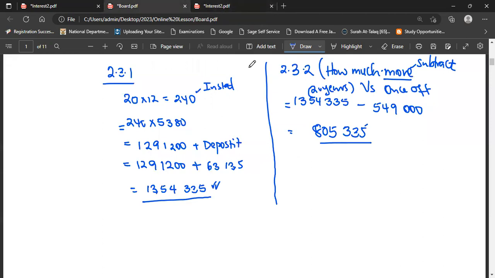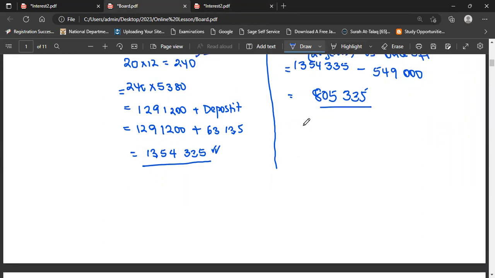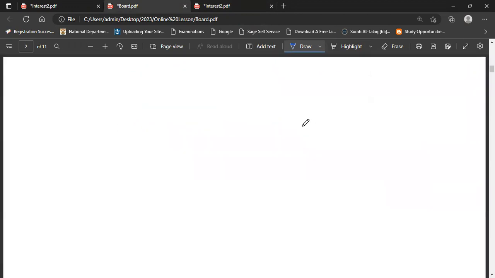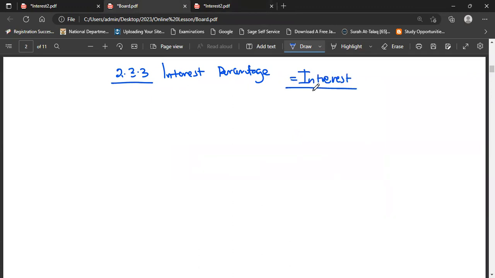What I want you to understand is that once you are looking for the interest as a percentage, so this is 2.3.3, we are saying interest, not interest rate, but interest as a percentage. So the formula will be interest divided by the original amount of money. Because it's a percentage, we need to multiply by 100.